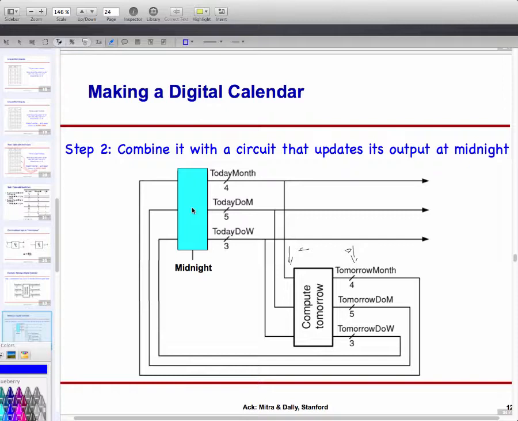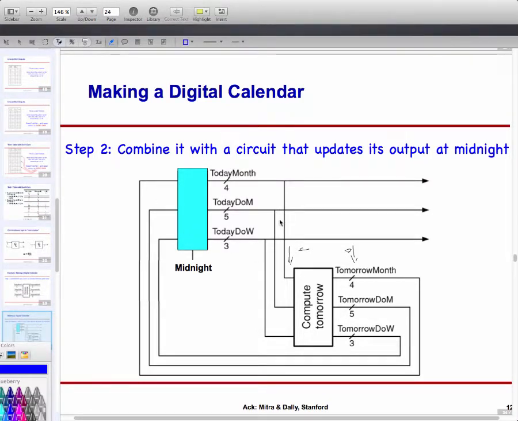You write to it when the event happens, and the output is always reflecting whatever is the current state of the memory. So in this case, right after the midnight, the stored entry out here would be today's date, and the output out here is going to reflect that. And then at the next midnight tick, whatever is on the input out here will get stored out here.